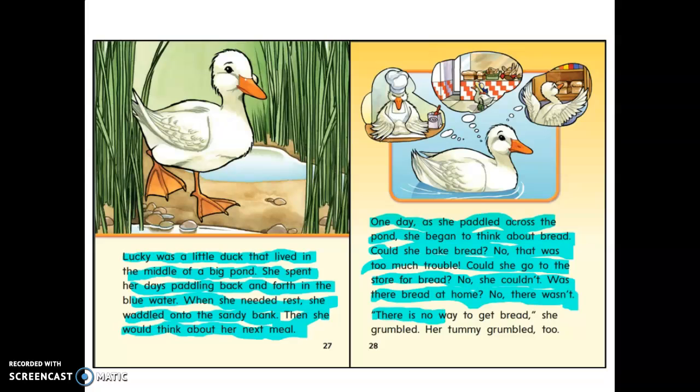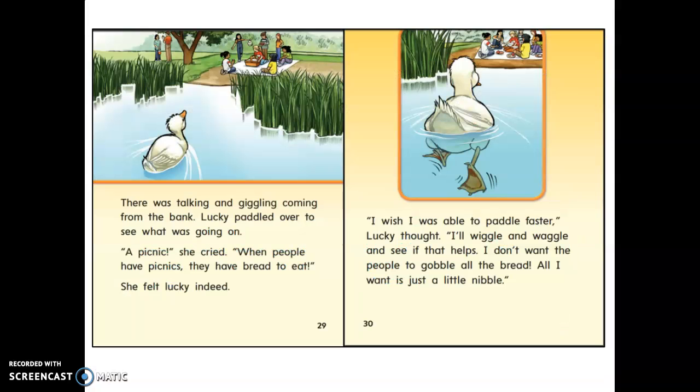There is no way to get bread, she grumbled. If you grumble, you go, her tummy grumbled too, so her tummy's making sounds too. Next page, ready? Read. There was talking and giggling coming from the bank.